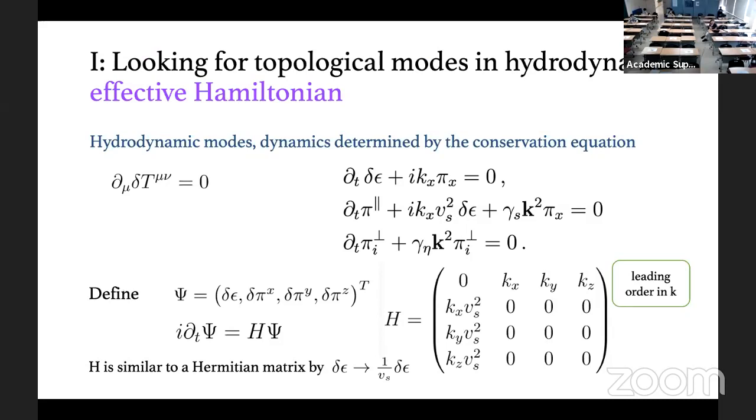So here, this H looks like some Hamiltonian. It looks like a Hamiltonian, but this is not a Hamiltonian, right? Yeah, it's an effective Hamiltonian. It's different from the Hamiltonian we had for relativistic hydrodynamics. Not modifying the system, but modifying the structure of a conservation law. Yeah.